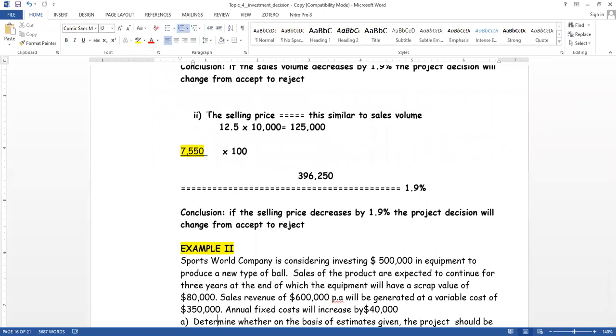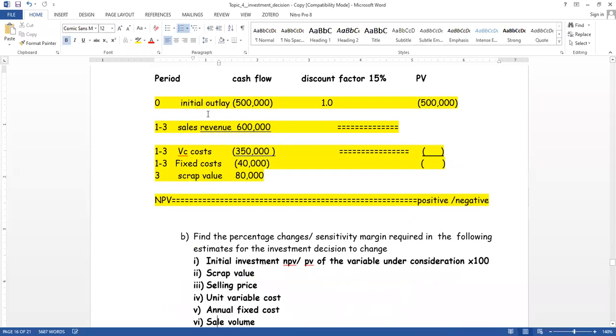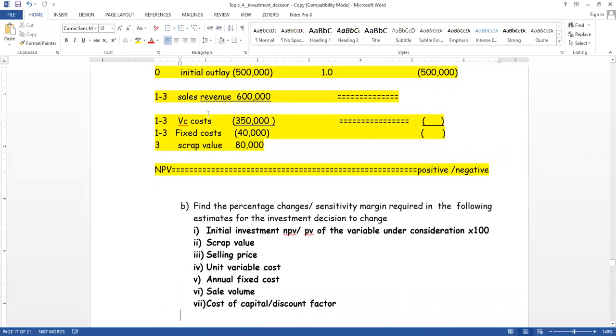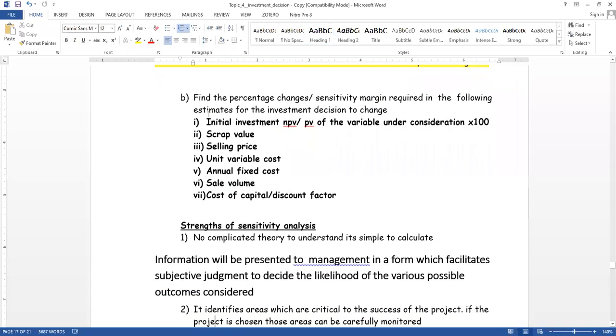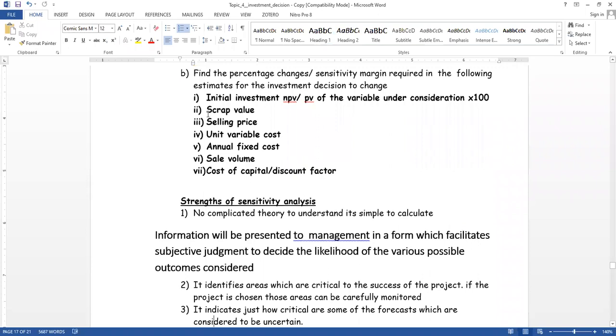Okay. So that is sensitivity. But of course, as I said, this sensitivity has advantages and disadvantages.